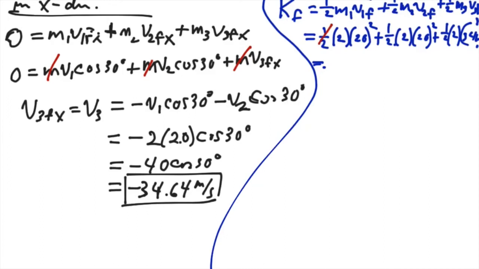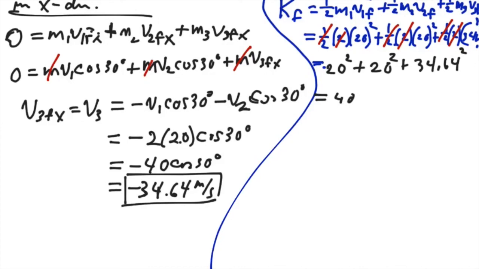One half and the 2's cancel. And so we end up with 20 squared plus 20 squared plus 34.64 squared.